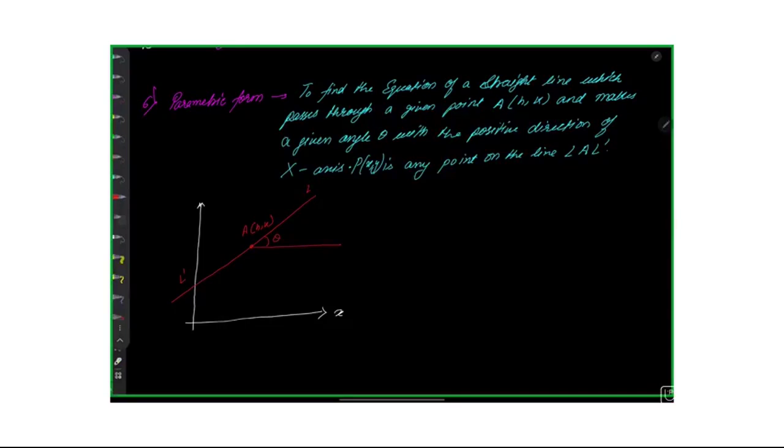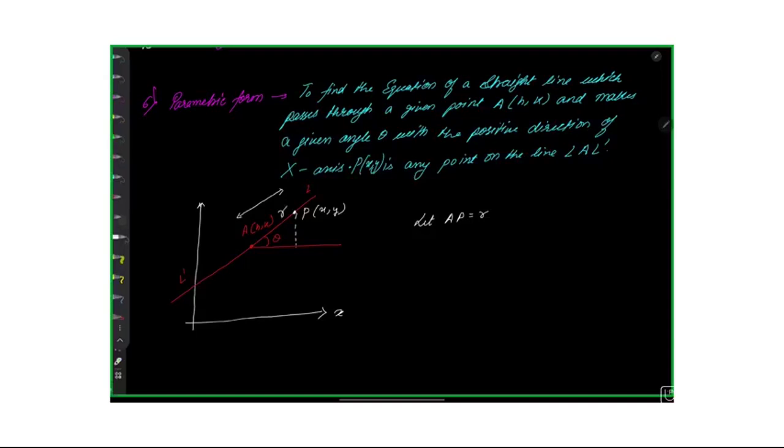Now, it also tells us about a point P, which lies randomly on the line LAL dash. So let's have P here, P x comma y, right? It randomly lies on the line LAL dash, right? Now, let the distance AP equal r. Distance AP is r, right?